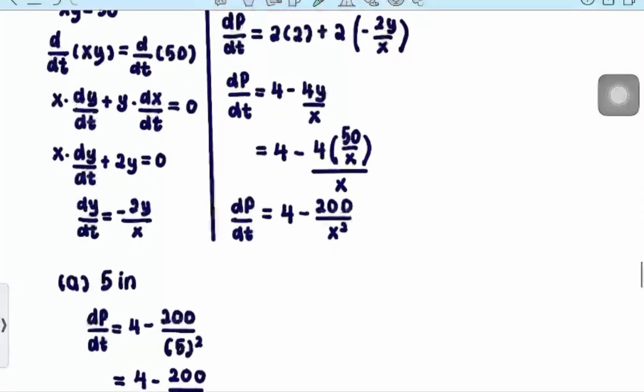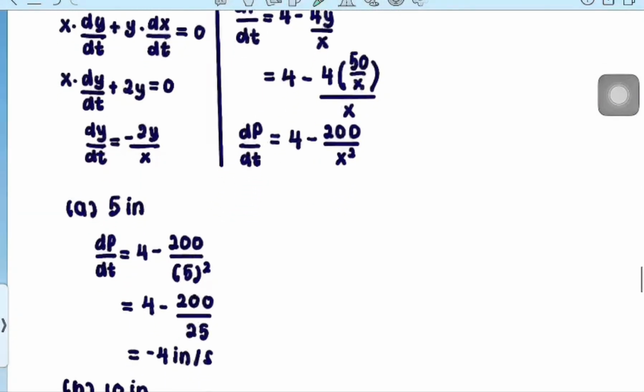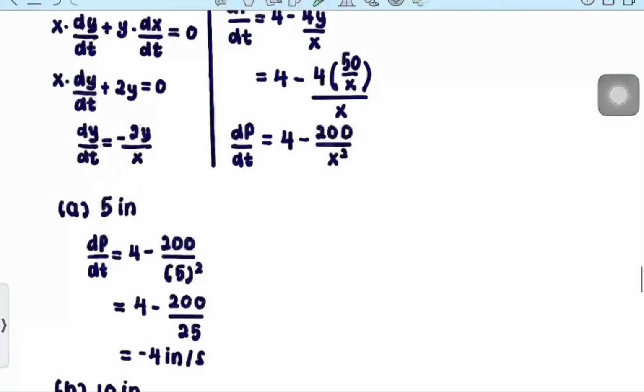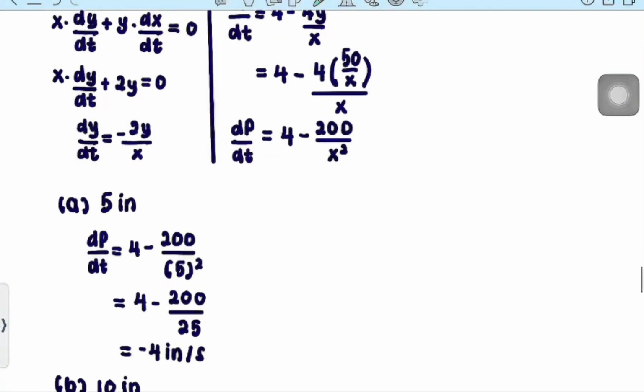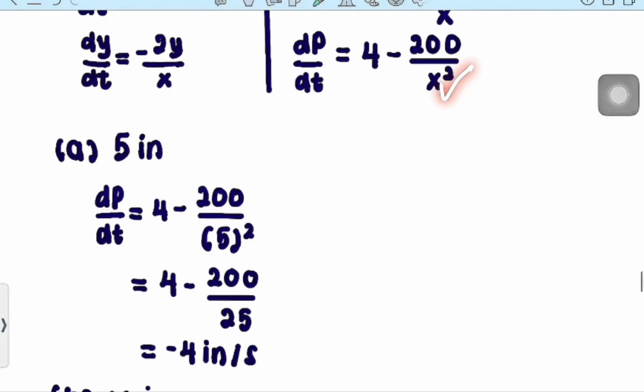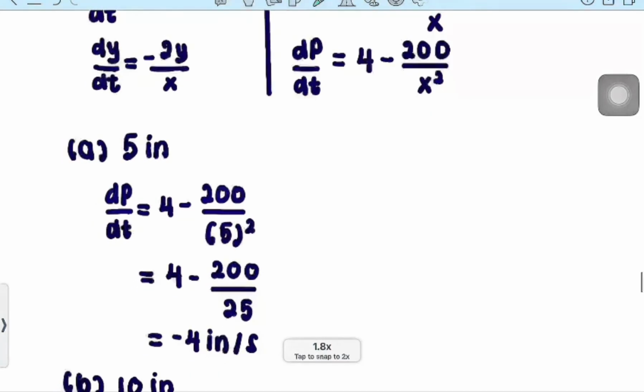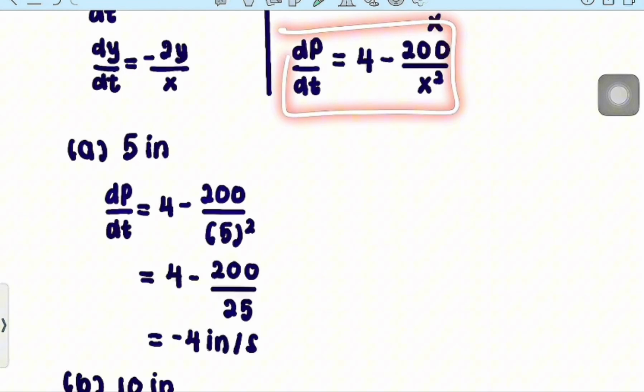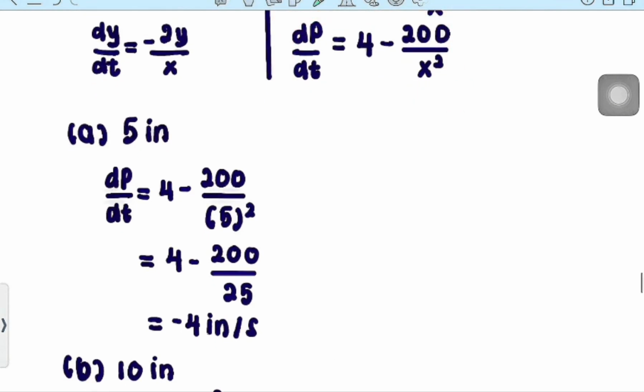So for question A, they want to know for the 5-inch, meaning that when our x is equal to 5 inches. By using this formula, we just insert the 5 into here.